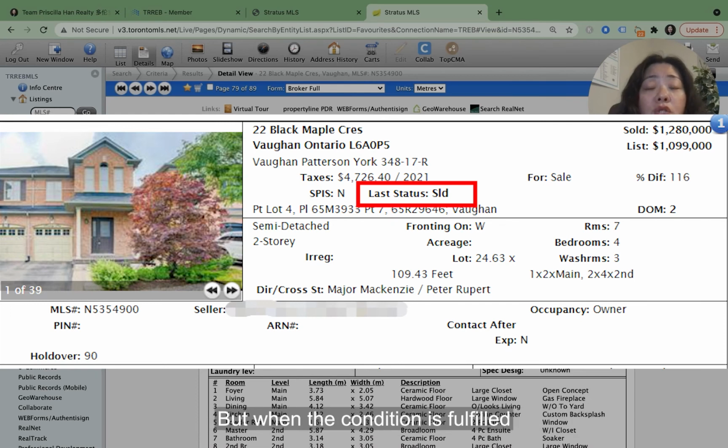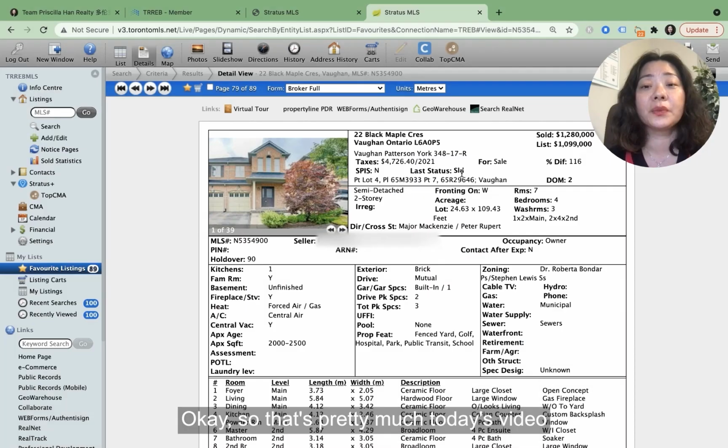But when the condition is fulfilled, the buyer will present either a condition fulfillment or condition waiver to the seller. Then at that moment, the sold conditional SC will switch to sold, which means this property is sold firm.